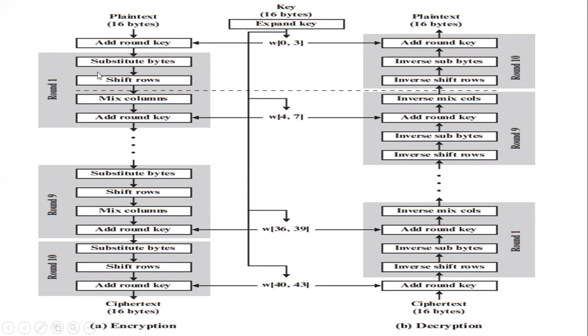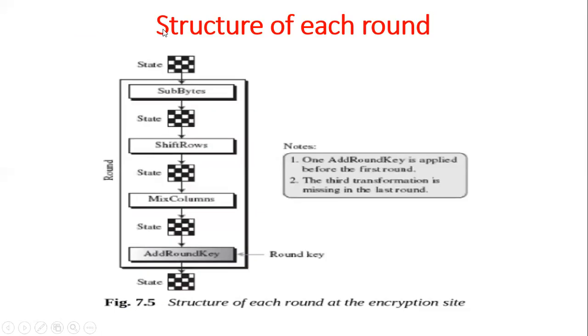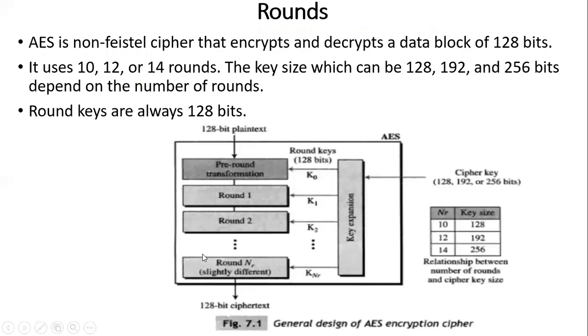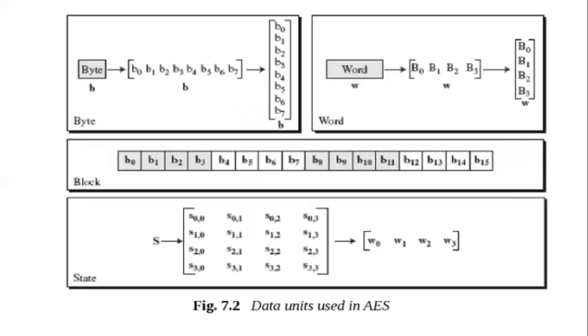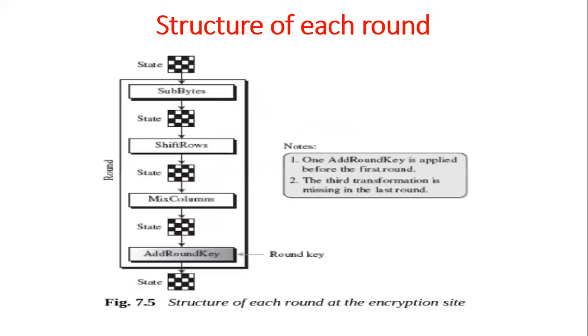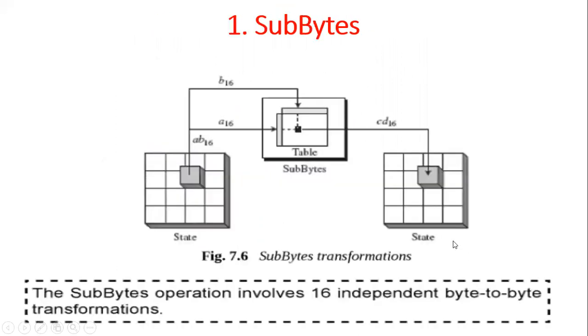And before entering the first round, we perform the add round key. In each round, we perform 4 operations: SubBytes, shift rows, mix column, add round key. In add round key, we apply the round key. So this is the structure of each round at the encryption side.